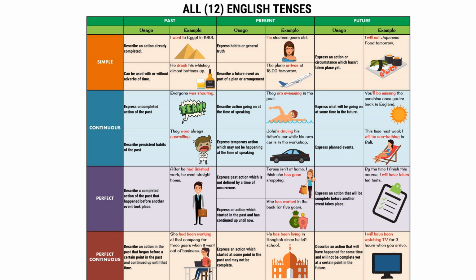Now, here is a table from the internet of all the 12 English tenses. You may take a screenshot of this particular slide and have the screenshot printed so that you will have a copy of the 12 English tenses, and this particular table will also serve as your guide in memorizing the uses of each tense.